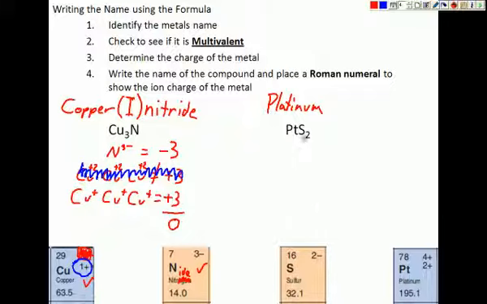Now, we can also find sulfur, S. It has a charge of 2 minus. There are 2 sulfurs, S2. So we know that it is 2 sulfurs like this. The total charge of these 2 sulfurs combined is minus 4.